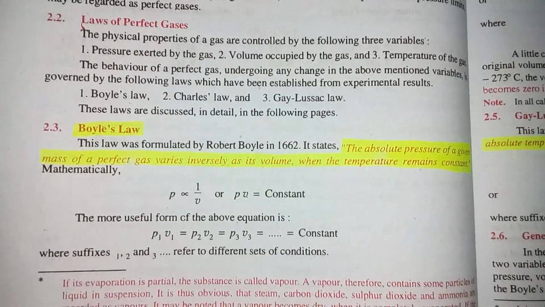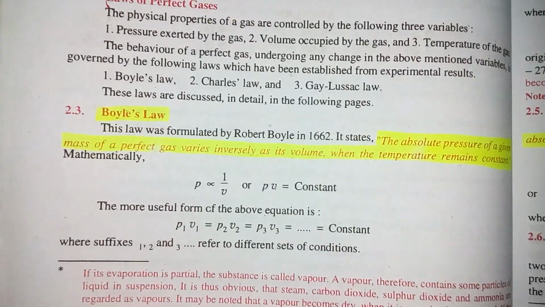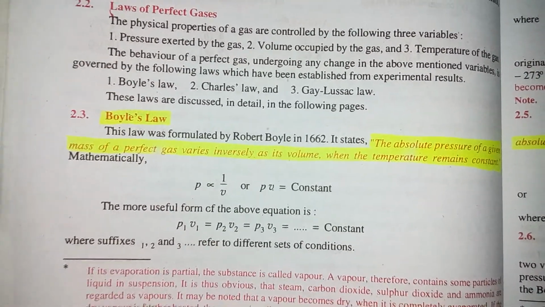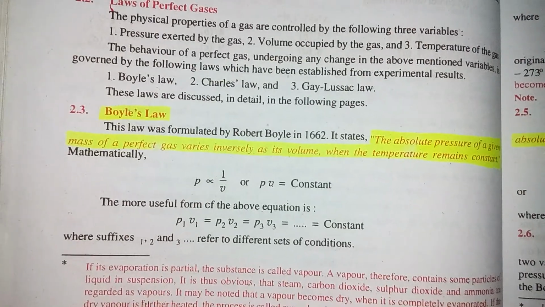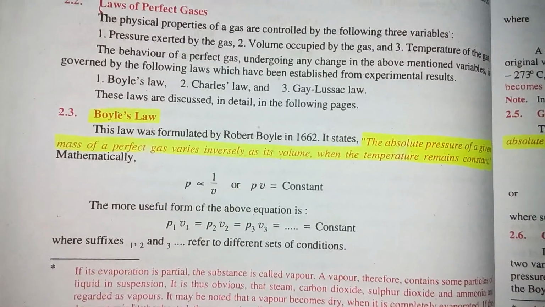First is Boyle's law. This law was formulated by Robert Boyle in 1662. It states that the absolute pressure of a given mass of a perfect gas varies inversely as its volume when the temperature remains constant.